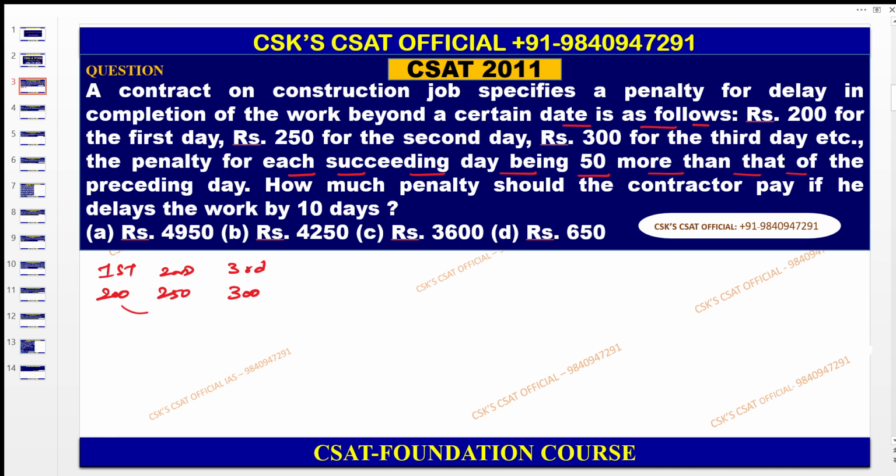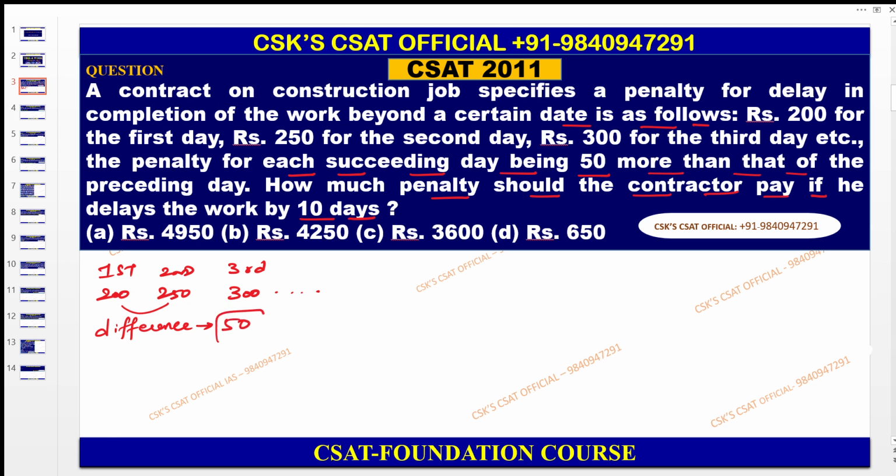So this is the condition, 50 more than the previous day. How much penalty should the contractor pay if he delays the work for 10 days? So they provided you the number of days also. By seeing this, you can see it is a sequence with a common difference, the second term minus first term, third term minus second term.